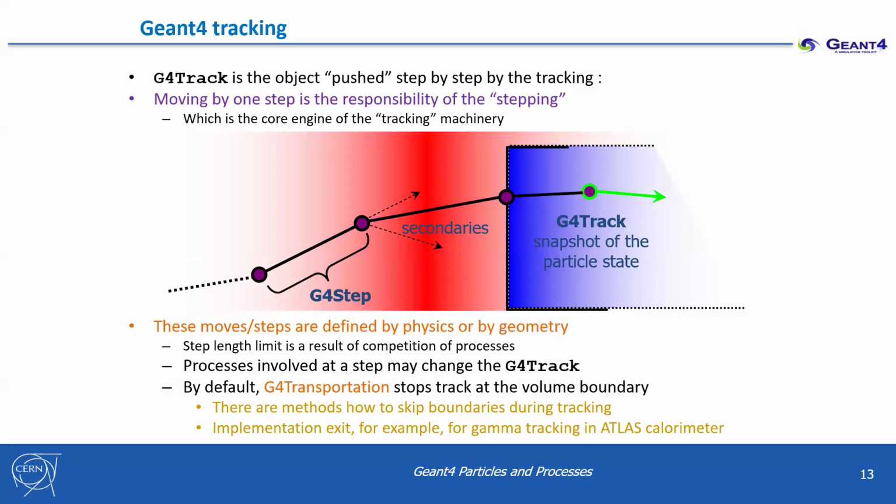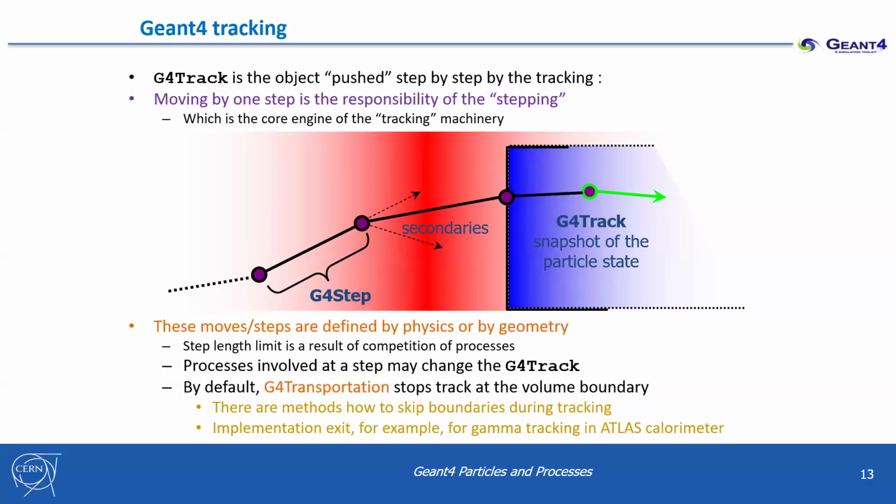How is G4 tracking performed? Track is the main object which we transport through geometry, and this transportation is performed step by step. And we have not only the object G4 track, but also the object G4 step.